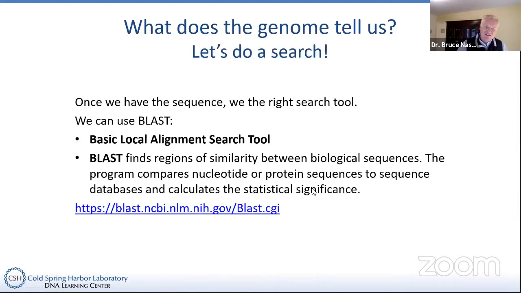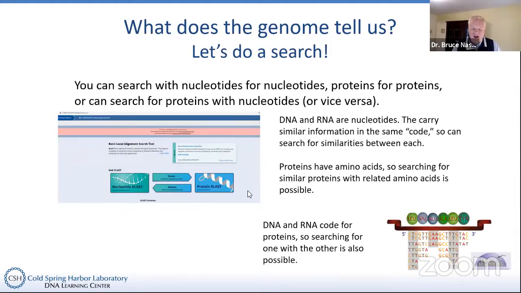BLAST is the Basic Local Alignment Search Tool. It looks for regions that are similar between biological sequences, and they can be nucleotide or protein sequences. Okay? I'll go back to BLAST in a second. There are different flavors of BLAST.